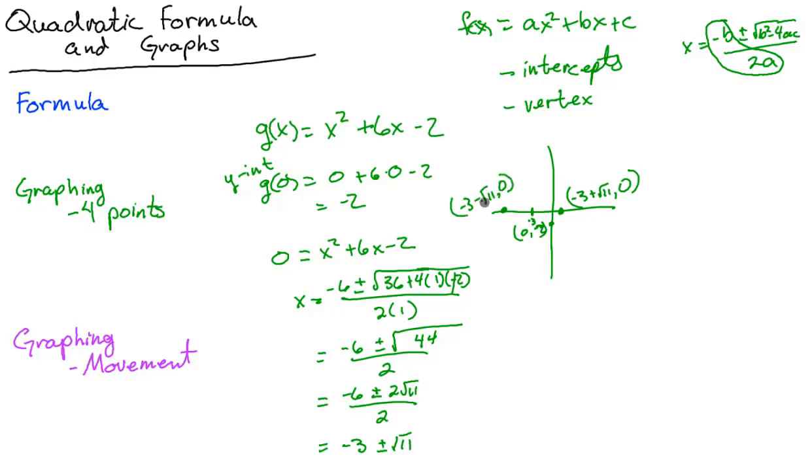Now, if you've never seen that before, if you actually stick this irrational number in for x, negative 3 minus the square root of 11, and you square it, then you take 6 times that number and add it to it, then subtract 2, you will actually get 0. And these are the only two numbers in the known universe that will solve this quadratic equation. Fascinating. Alrighty, so can you see kind of where it is?